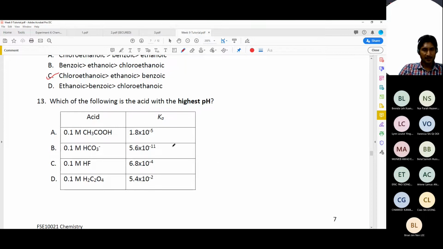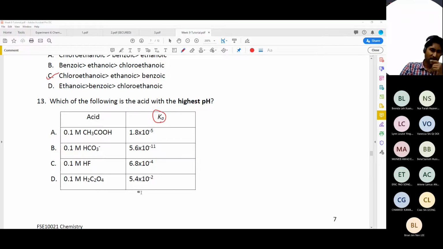Highest pH. The higher Ka means higher ionization or dissociation. The acid will be ionized more. The higher the Ka, the more hydrogen ion it will give us.